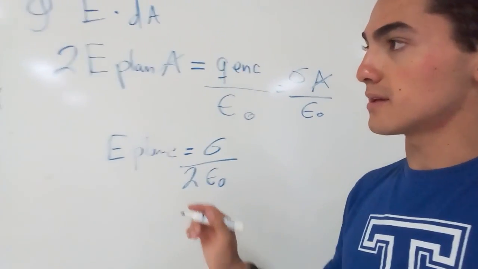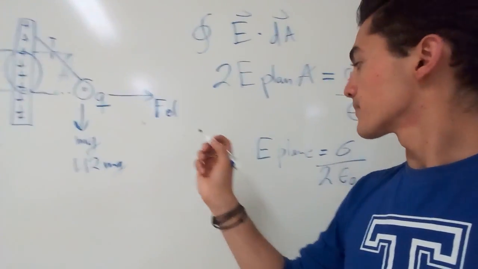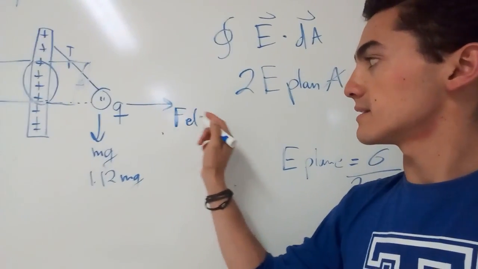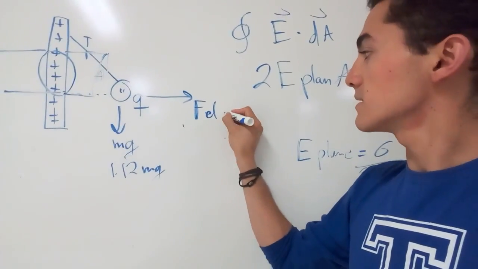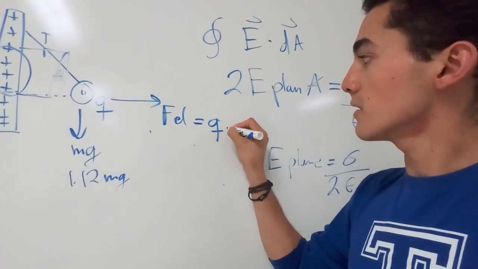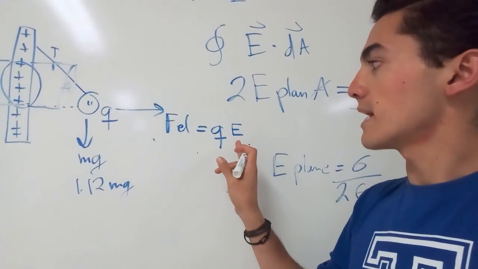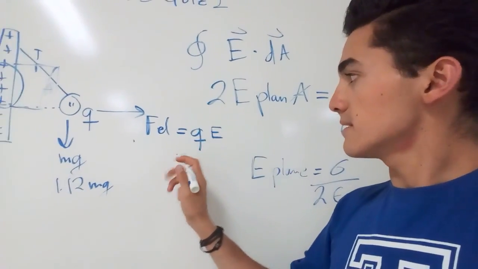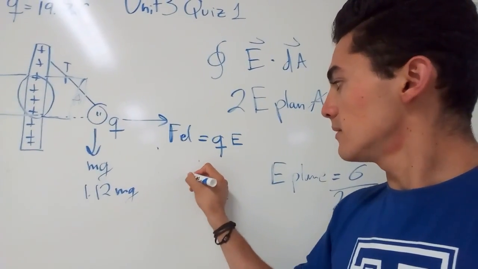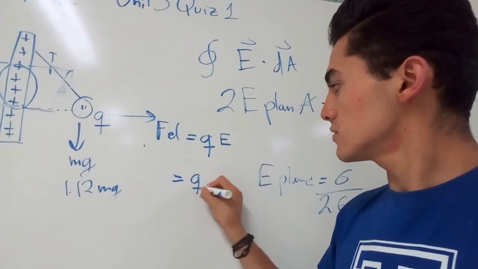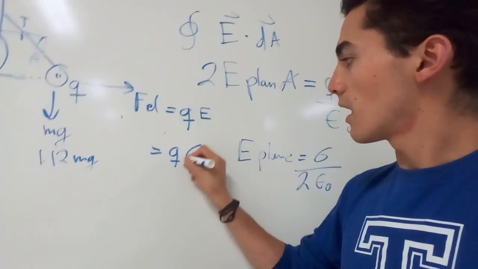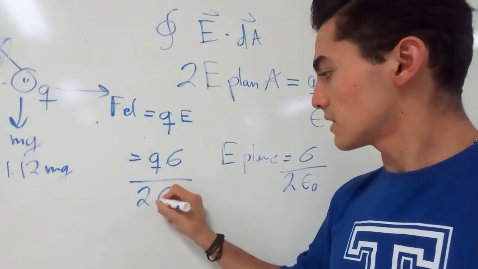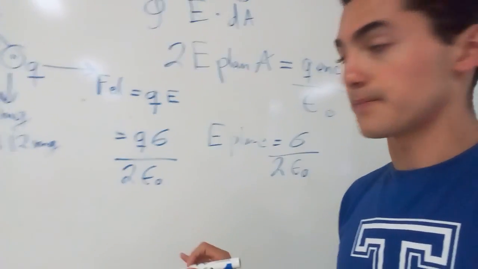So once we know this, we can consider that this electric field is a force that is applying here. But this will be not only the electric field, we have to multiply it by the charge. So this will be equal to the charge times our linear density over 2 times our constant.